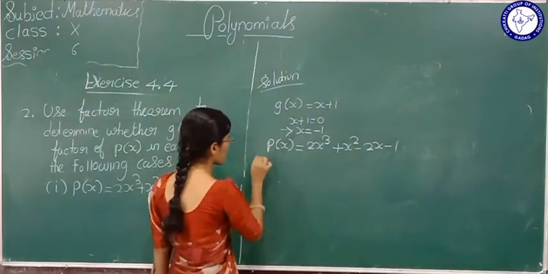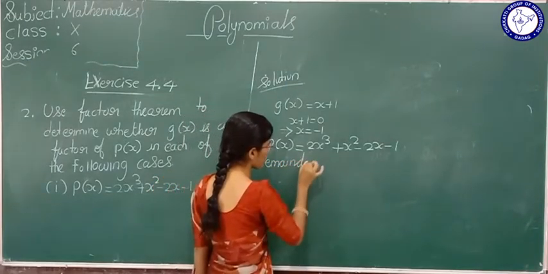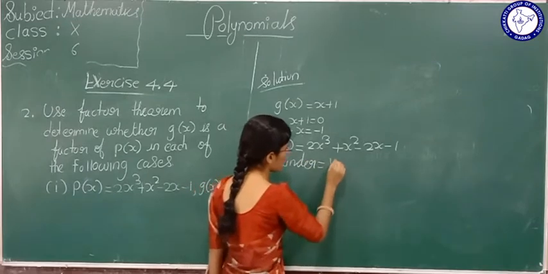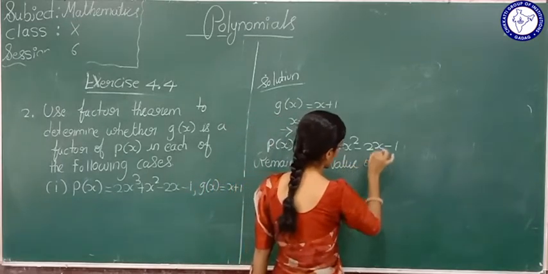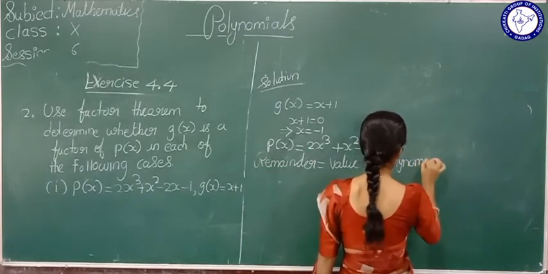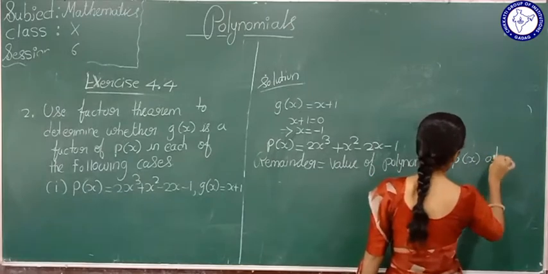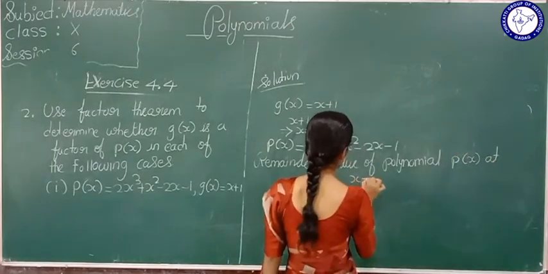Okay, now find out the remainder. How are we going to find the remainder? By using the remainder theorem. What is that? The value of the polynomial p of x at x is equal to minus 1.